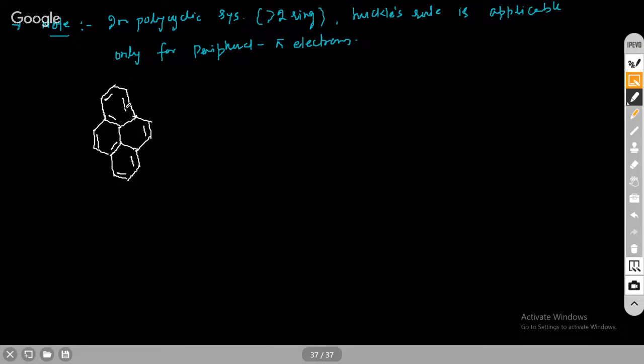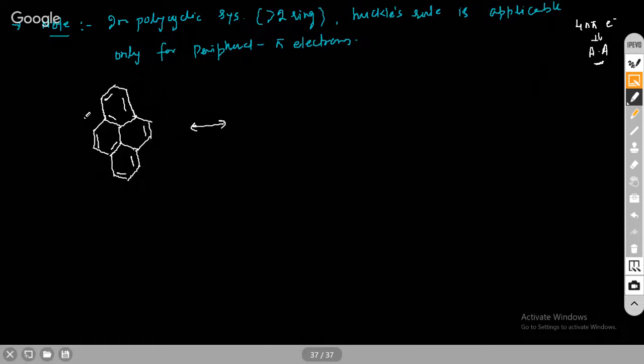This is the ring, right? Now in this compound, if you calculate the number of pi electrons, 1, 2, 3, 4, 5, 6, 7, 8 double bonds, so the number of pi electrons will be 16, right? According to 16, it follows the 4n pi electron rule, which is for anti-aromatic. If the molecule contains 4n pi electrons, it is anti-aromatic. So according to this, it is anti-aromatic in nature.